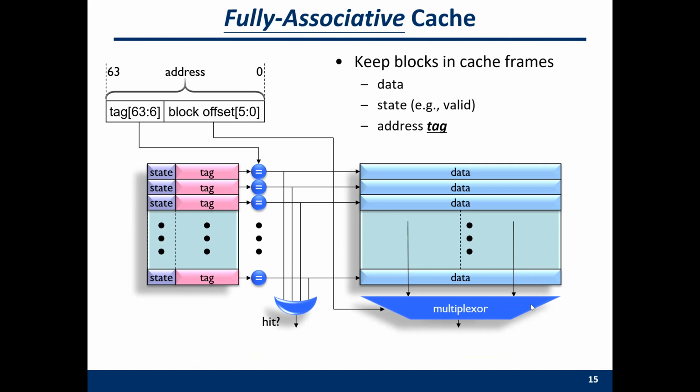This is the hex format. So each digit here indicates 4 bits. Because the address is 64-bit, each digit here is 4 bits.